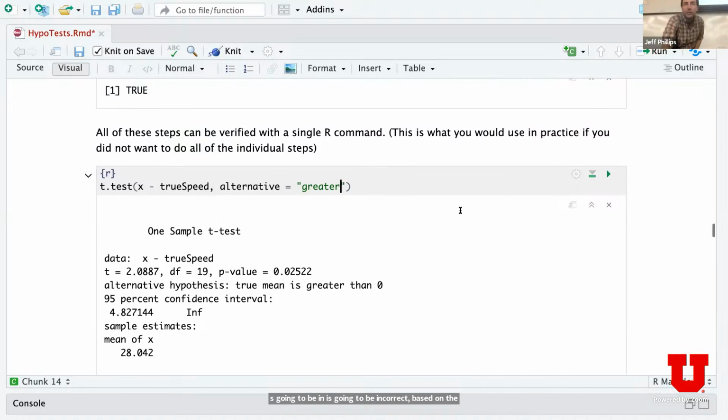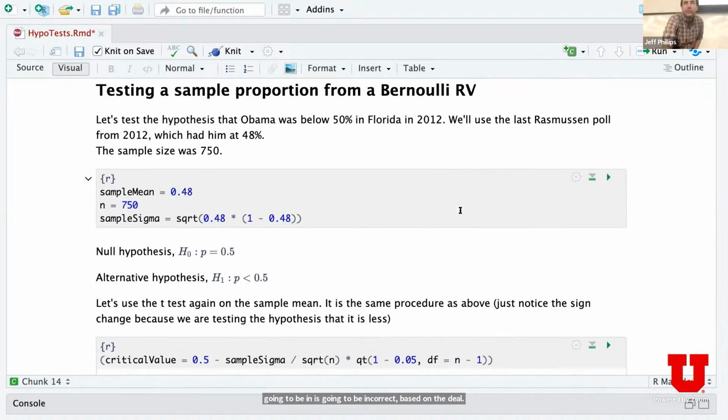Okay, let's go through one more example. This is sampling from a Bernoulli distribution, with data from 2012. I forget if Obama won Florida or not.